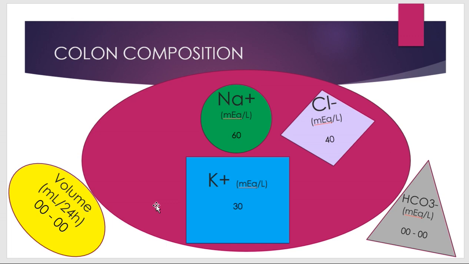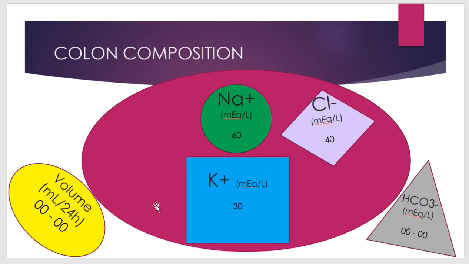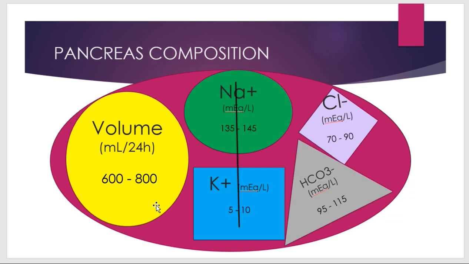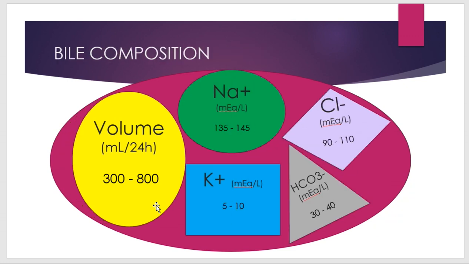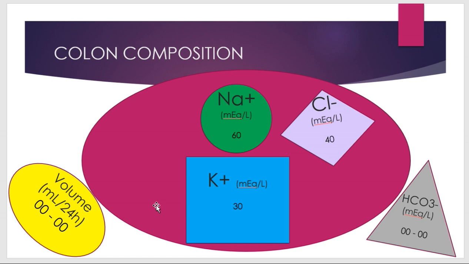Again the potassium increased, around 30 milliequivalents, equal to that seen in gastric secretion, but in colonic fluid towards the higher range. Chloride reduced. The lowest value of chloride is seen in colon. Remember it.